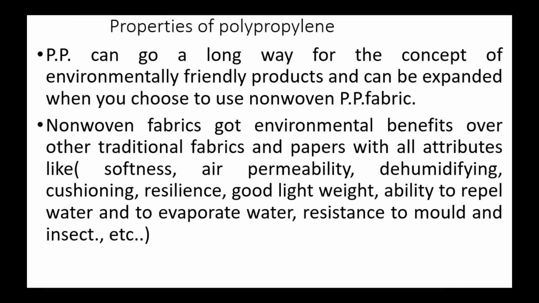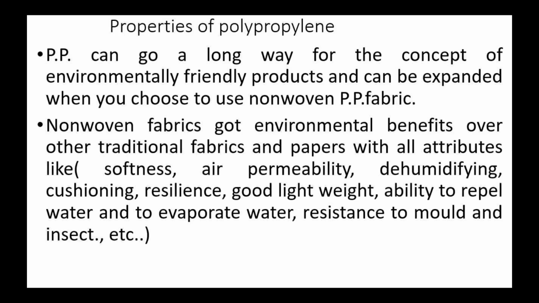So non-woven fabrics have environmental benefits over other traditional fabrics and papers, with attributes like softness, air permeability, dehumidifying capacity, cushioning, that is resiliency, lightweight, ability to repel water and evaporate water as and when required, and resistance to mold and insects.